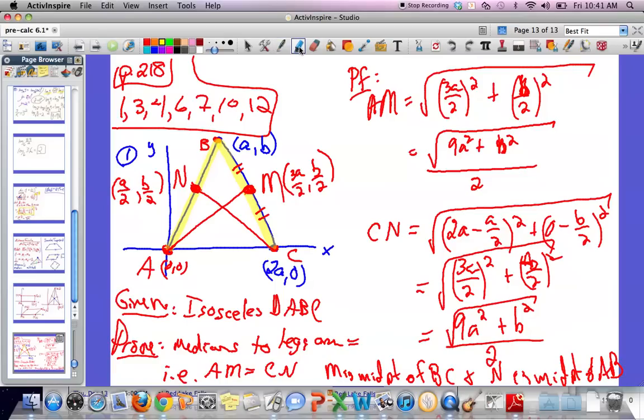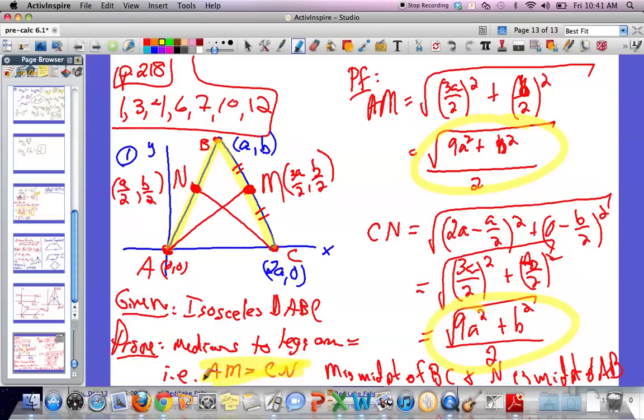And how does this right here compare to this right here? If they're equal, we proved what we wanted to prove.